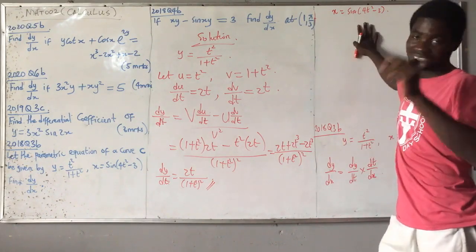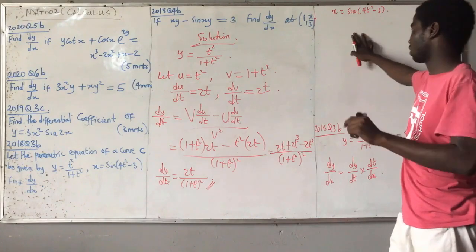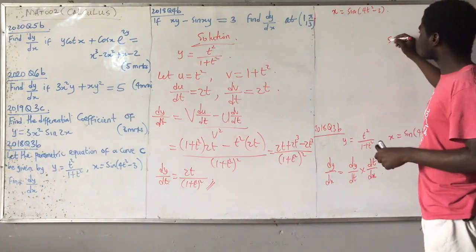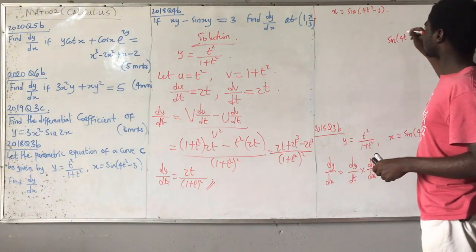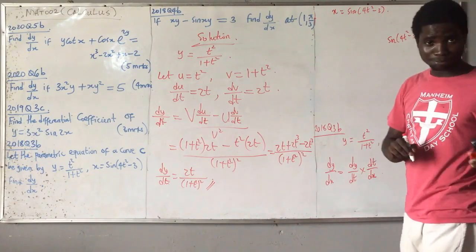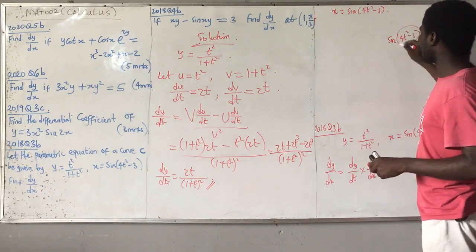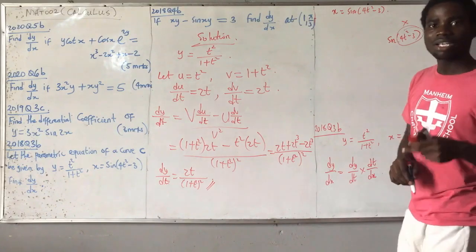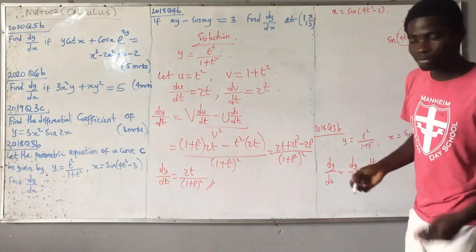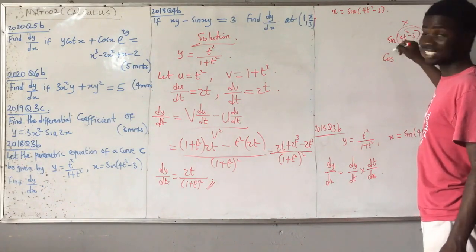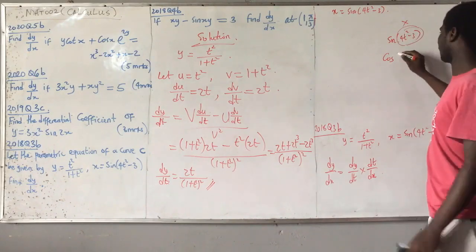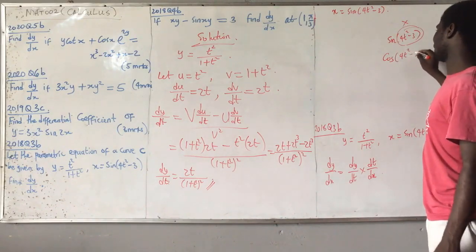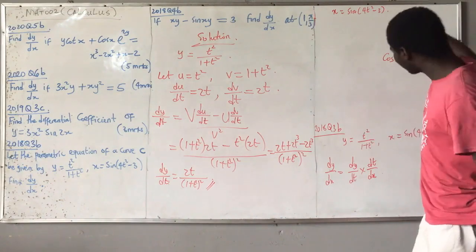What we are going to use here is the chain rule, but let me show you one shortcut now. This is sine of 4t squared minus 3. Do as if it is sine s. If you differentiate sine s, you have cos s, but it is not s. What is there is 4t squared minus 3, times the derivative of what is inside.